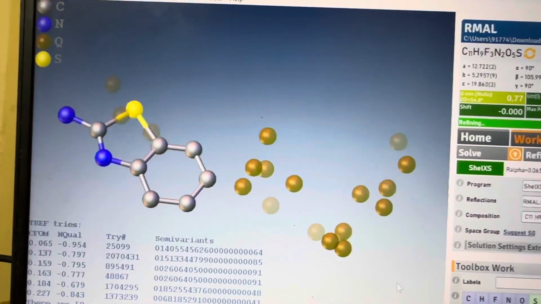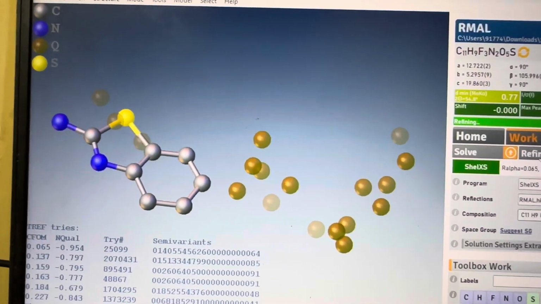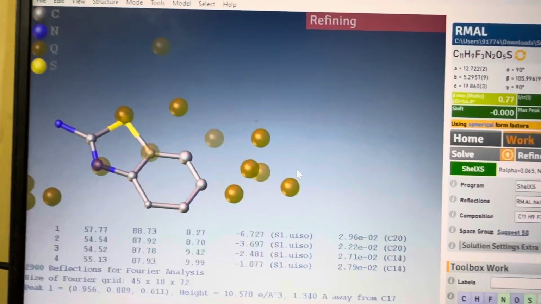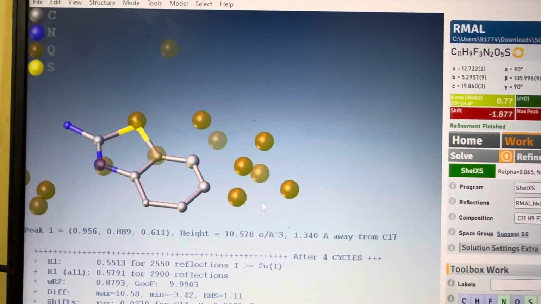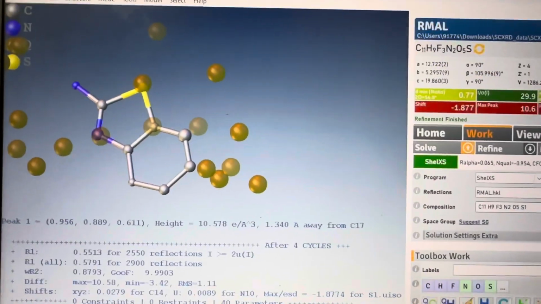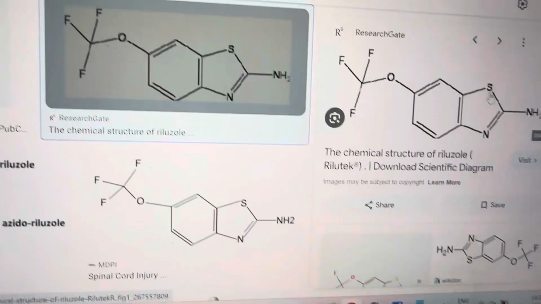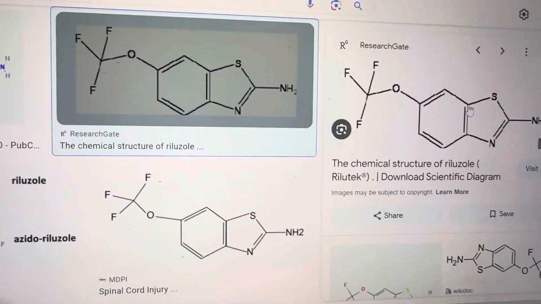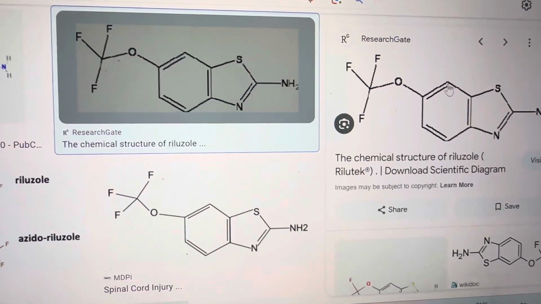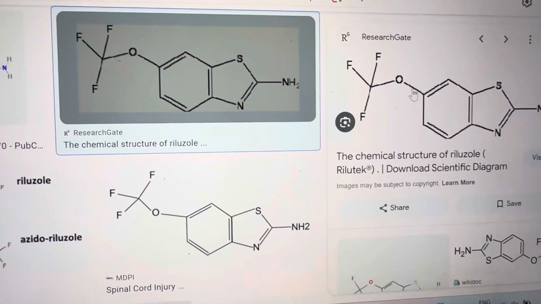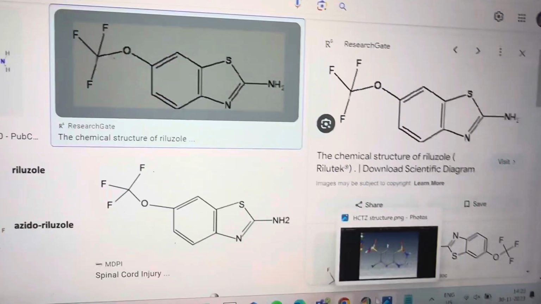Now for the OCF3 group, let me just refine this first. We can see here there is one carbon atom between the carbons to which the oxygen and sulfur are attached.